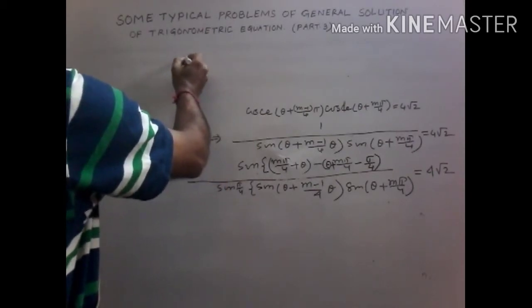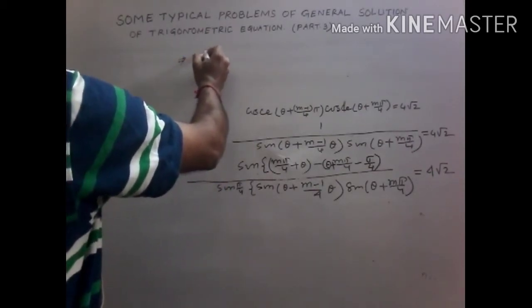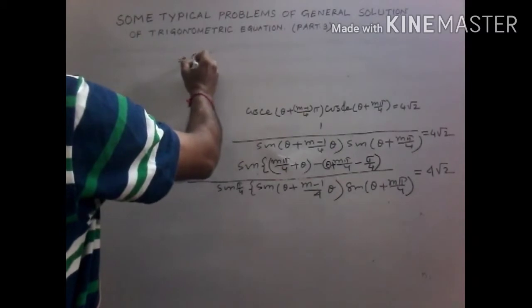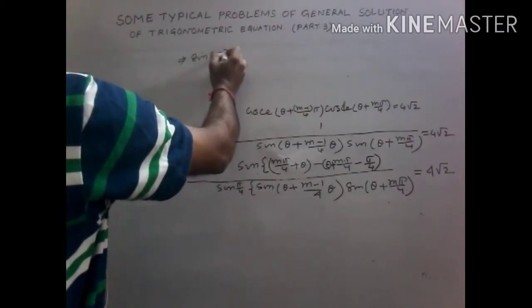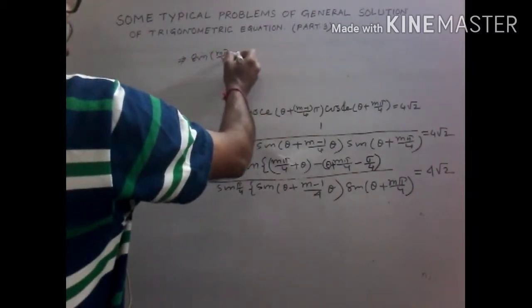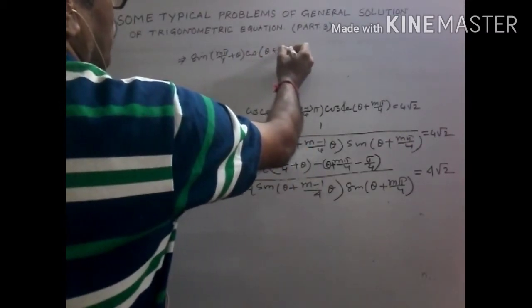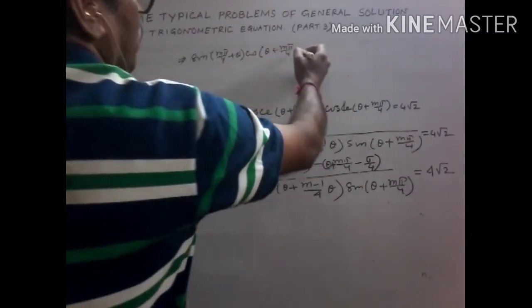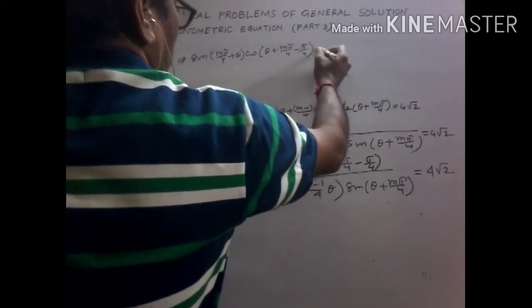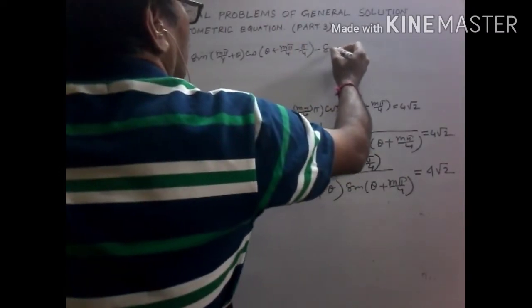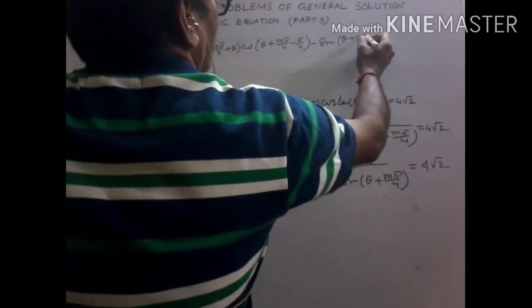So look, what is the numerator? sin(mπ/4 + θ) cos(θ + mπ/4 − π/4) minus sin(θ + mπ/4 − π/4).